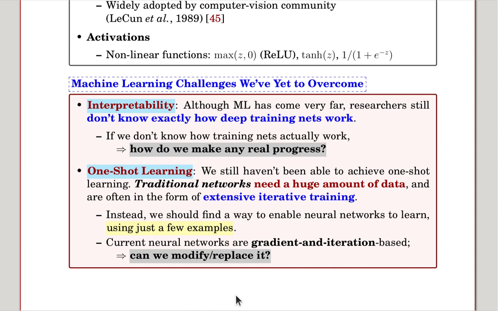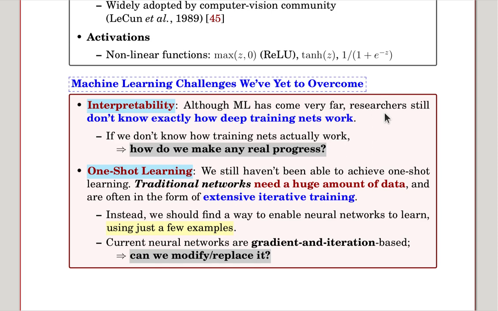Here we have machine learning challenges to overcome. The first one is interpretability, and the second one is one-shot learning. Although machine learning has come very far, researchers still don't know exactly how deep trained networks work.